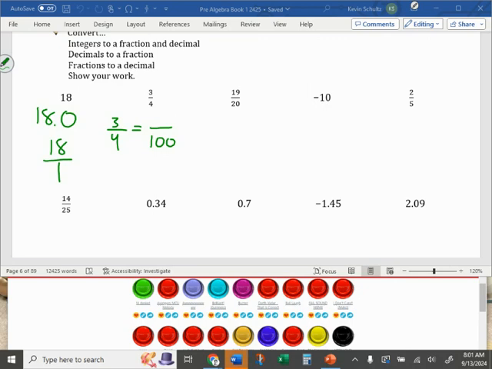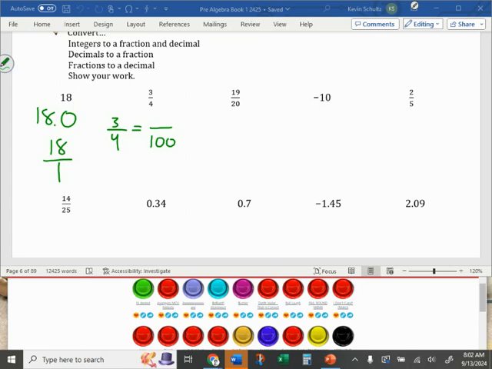But like, what goes into 100 4 times? What goes into $1 4 times? 25 times, right?